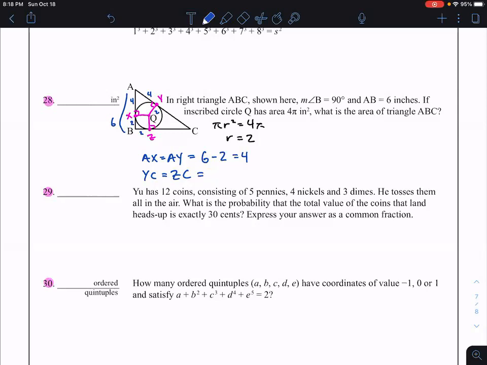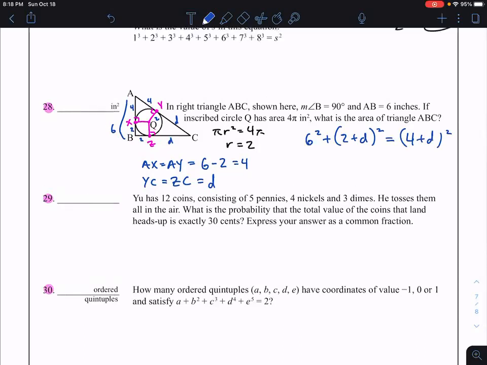For now, we're going to call that D, and we're going to solve for D by using the Pythagorean theorem. So 6 squared plus BC, which is just 2 plus D, squared, is equal to AC, 4 plus D, squared.